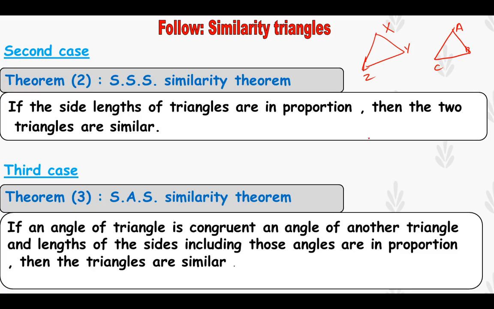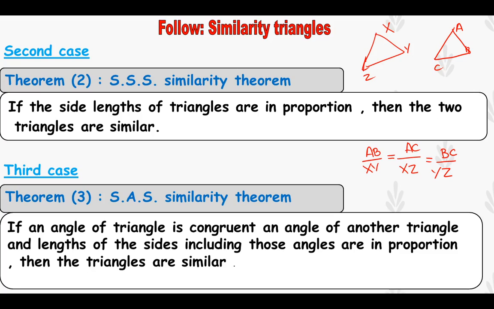If you find that AB over XY equals AC over XZ equals BC over YZ, so you can say that the three sides of the triangles are proportional. If the sides of the triangles are proportional, then the two triangles are similar. This is the second case.